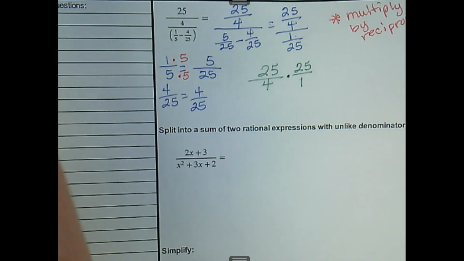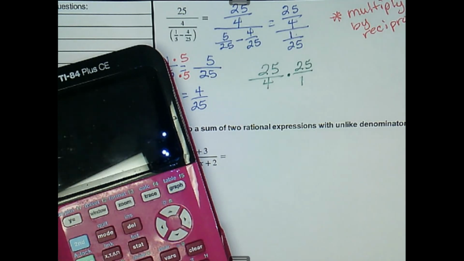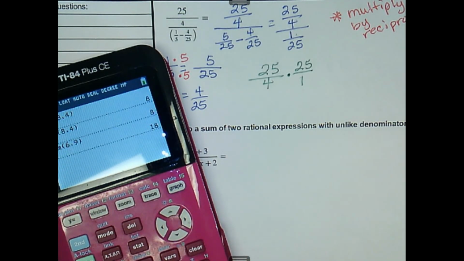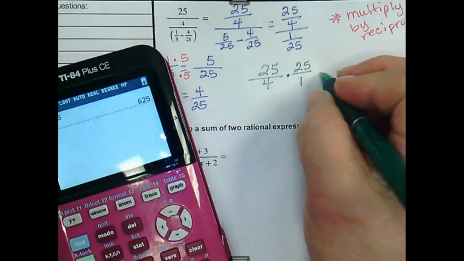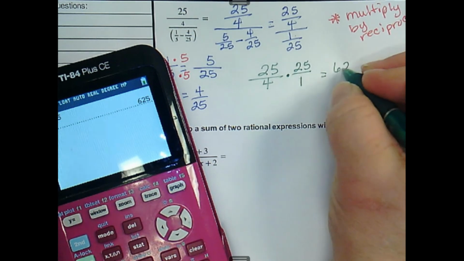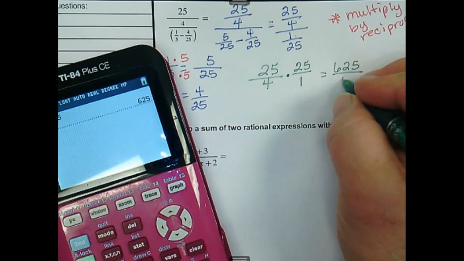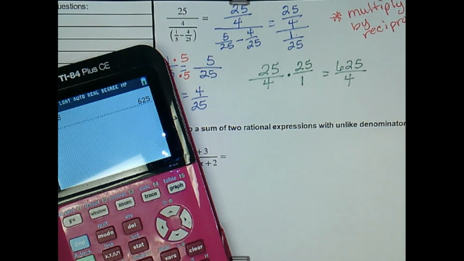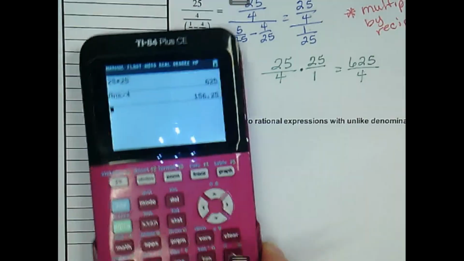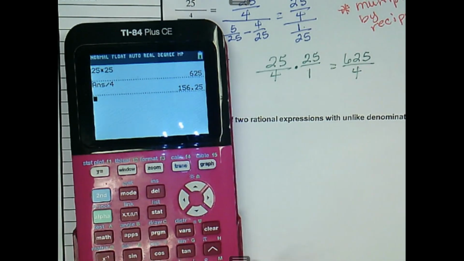This is where I would use my calculator, because 25 times 25 is 625. And it's still divided by 4 because you're multiplying here. So, can I divide it by 4 and get a whole number? No, I cannot.